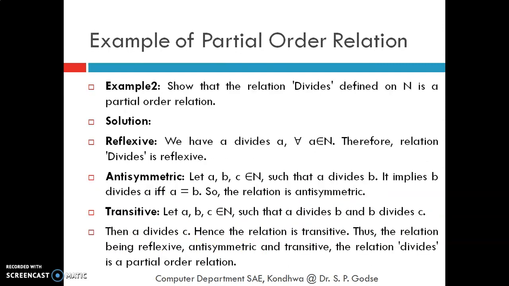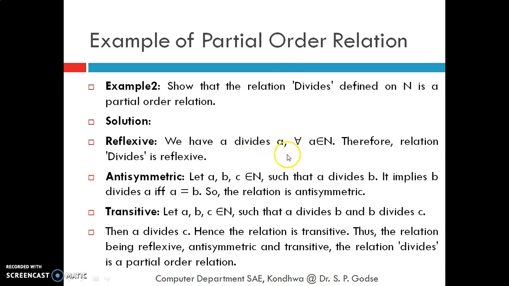Example 2. Show that the relation divides defined on N is a partial order relation. N means the set of natural numbers. So we have to check whether the relation divides on the natural number set is a partial order relation or not. So we have to check the properties one by one. Reflexive.